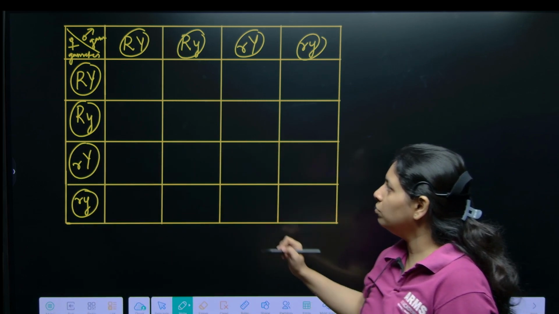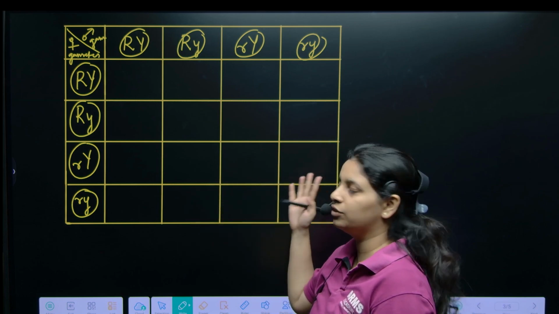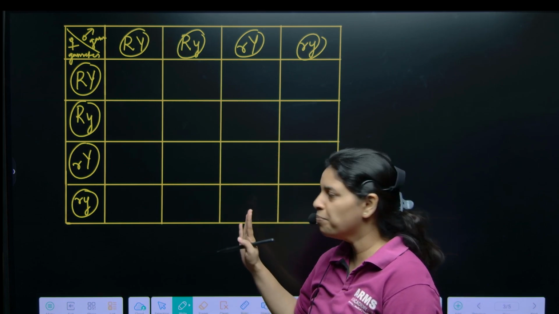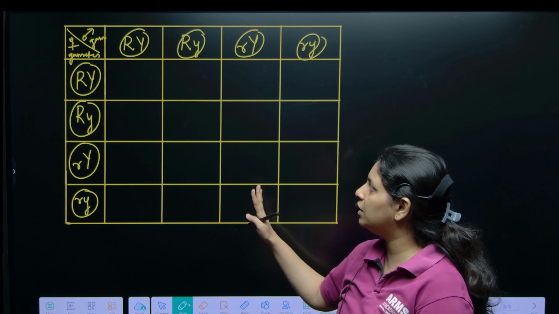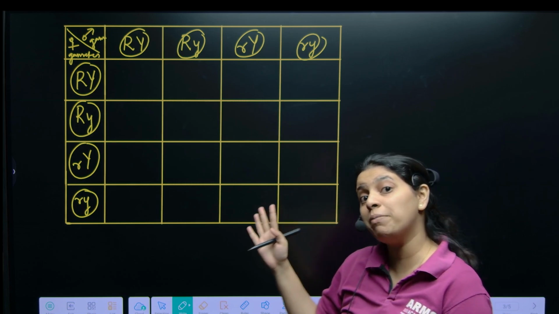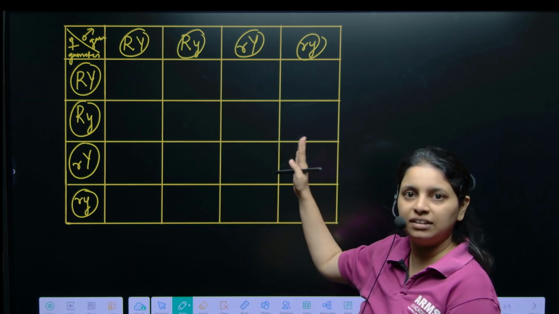Now, you can write these gametes in any sequence. This is not a process where you have to write it in a fixed sequence, but it is easier to understand how the offsprings are, and to remember the different possible offsprings, if you write the gametes in this sequence.